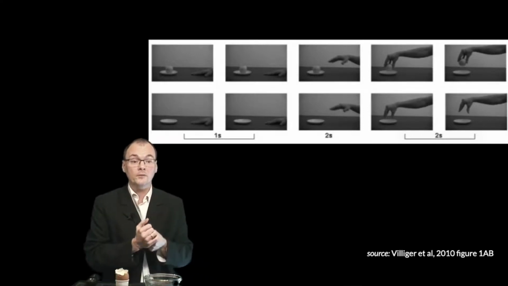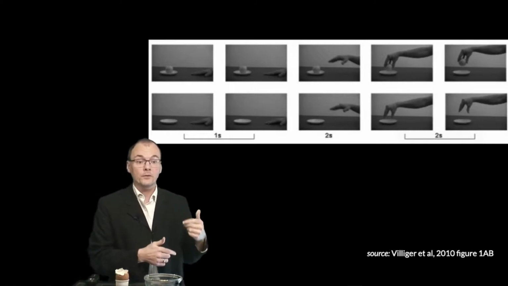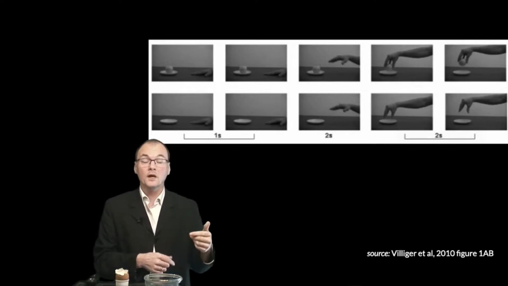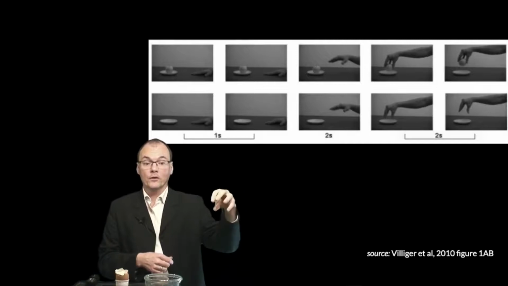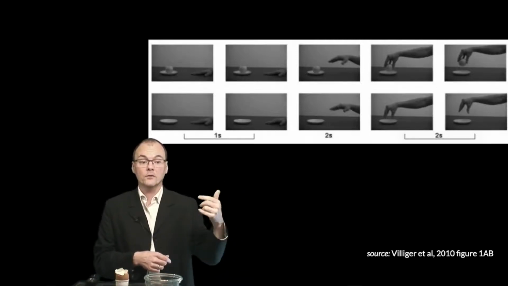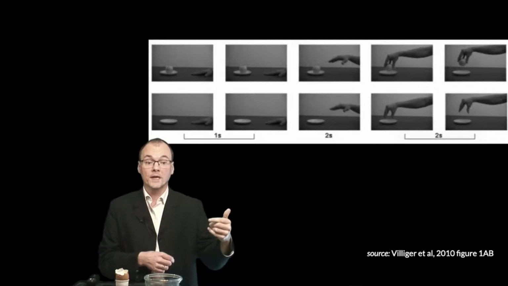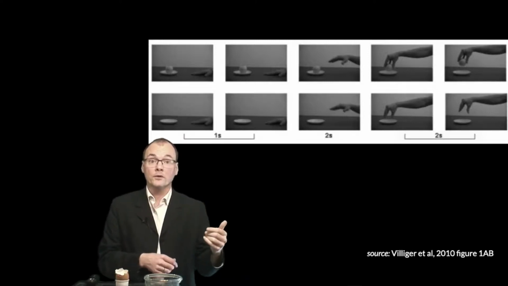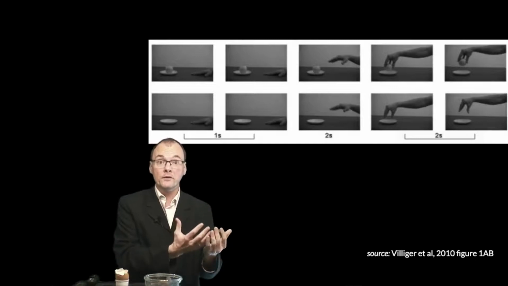Right. So their idea was this: because we think motor representations lead a double life, when you observe somebody reaching for and grasping an egg, it's likely that the motor representations which would occur if you were performing the action will also occur in you, even though you're merely observing the action.